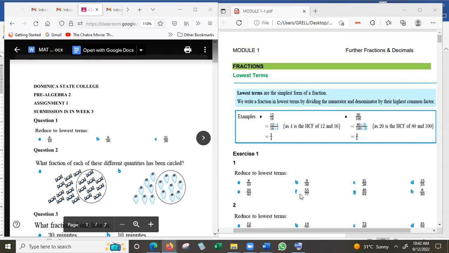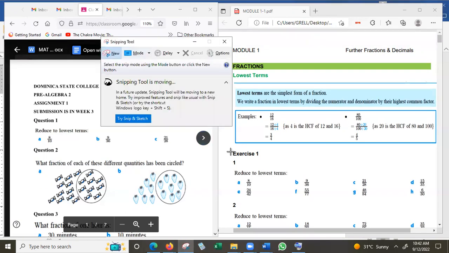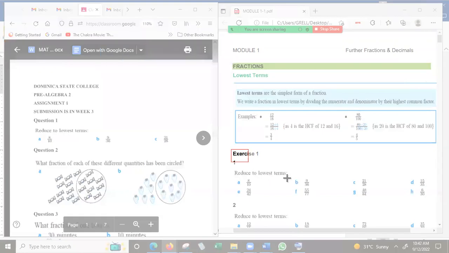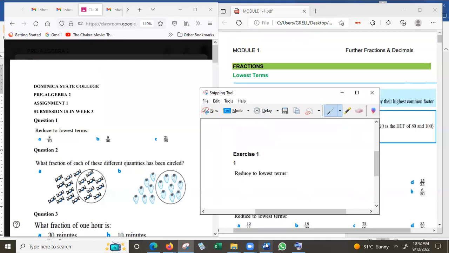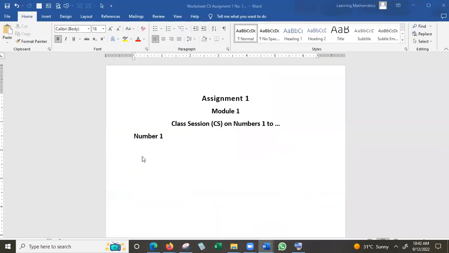Okay, and here you have those 3 questions, A, B, C. So I'm going to demonstrate using D. Okay, so I'm going to take a snapshot of this, put it in the worksheet. Number 1. So call this number 1 example.